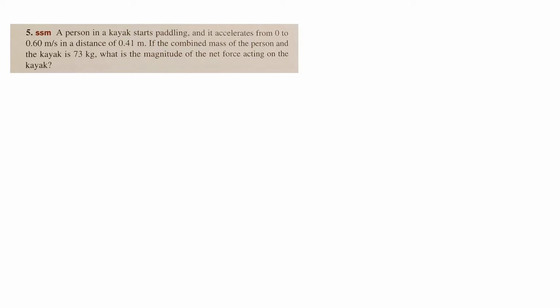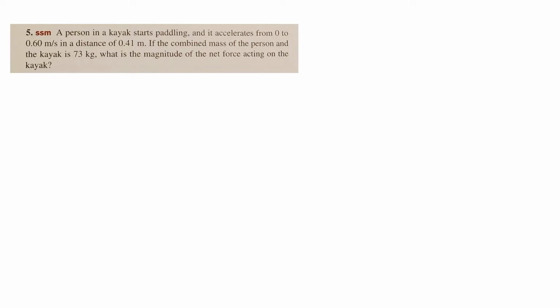So a person is in a kayak, starts paddling, and it accelerates from 0 to 0.6 meters per second in a distance of 0.41 meters. So let me draw a small sketch.